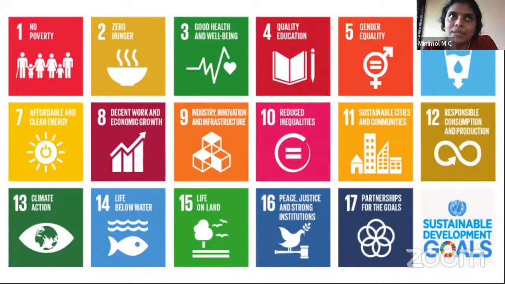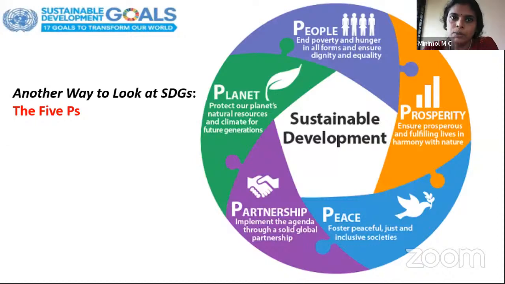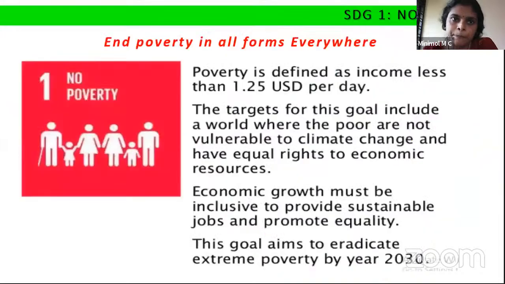There are 17 goals in SDGs which are really interconnected, which means development in one aspect will automatically lead to the other goal also. Another simple way to look at SDGs is through the 5 P's. The 5 P's are people, prosperity, peace, planet, and obviously partnership to harmonize all these P's.